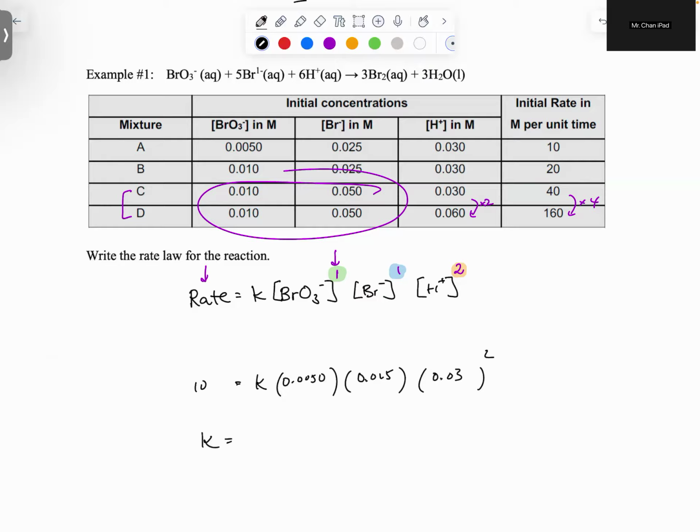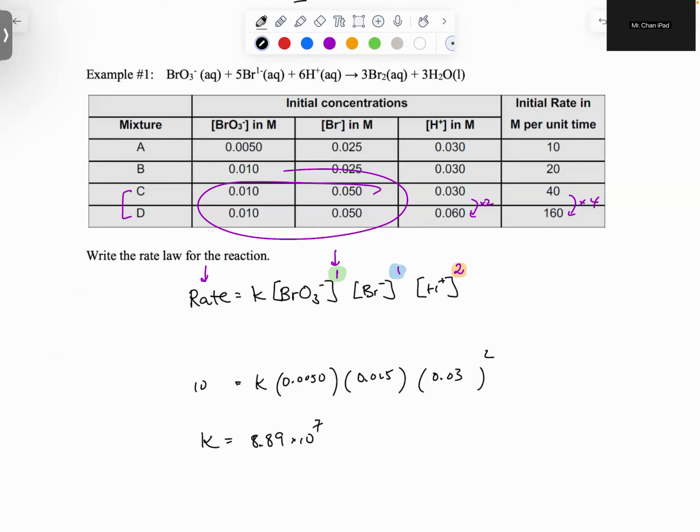So what is the K value? Ten divided by 0.005 divided by 0.025 divided by 0.03 squared. It's going to be gigantic. It is 8.89 times 10 to the 7.